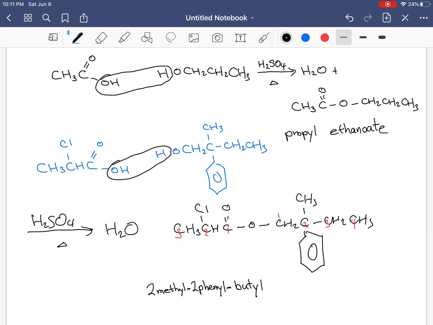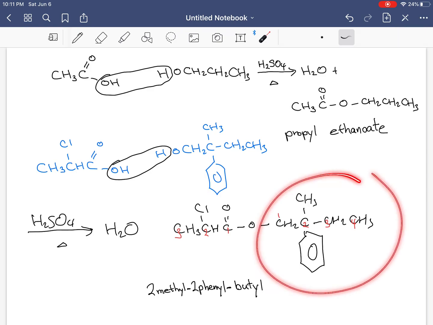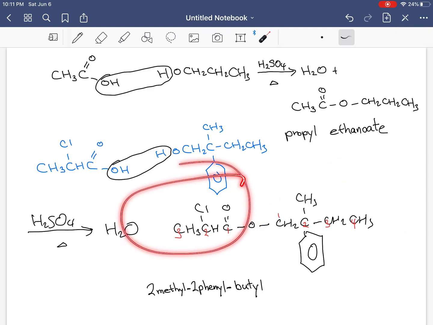Either put a dash or just connect everything together. Do not put a space. We saw what space is for, right? Space is for the separation between the alcohol portion of the ester and the acid portion of the ester. So don't put in spaces for the sake of putting spaces, because spaces mean something. This is where you put the space. Butyl ends, because this is the alcohol portion with 4 carbons. So you put a space here.